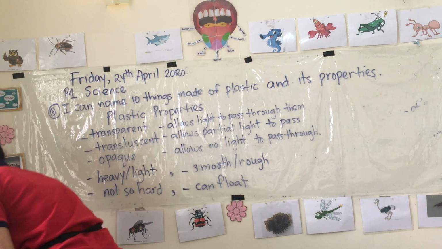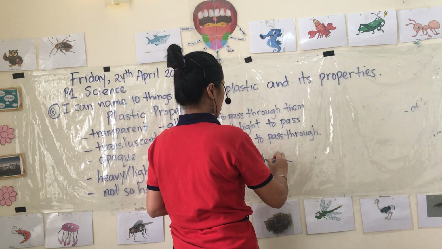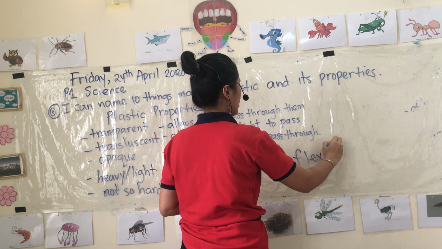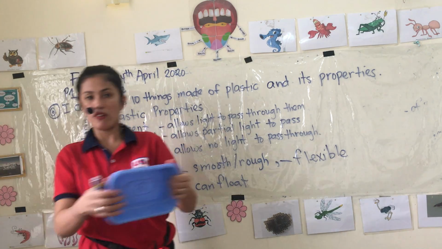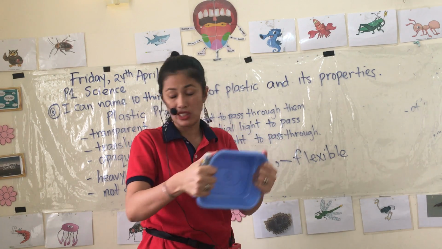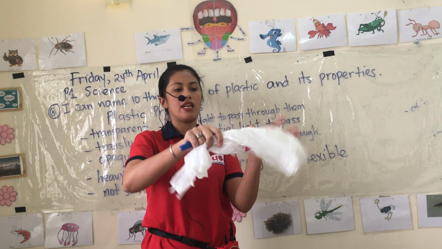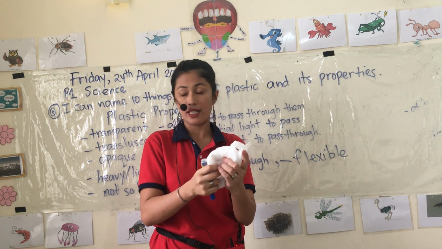And also, plastic is very flexible. When we say flexible, it is the ability of a material to bend. See, even if it's a little bit hard, you can still bend it a little if you apply force. And with this one, it's easy to bend, easy to fold and twist.